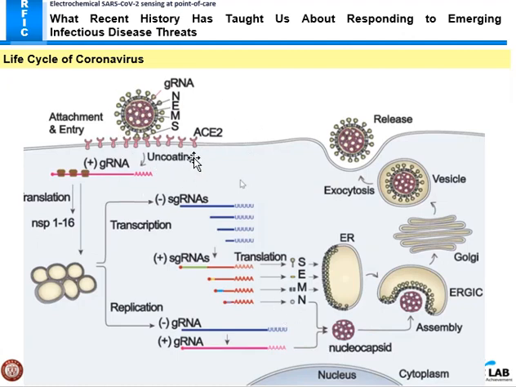Basically, it is the enzyme by which the coronavirus attaches and gets into our cell and then releases its genomic RNA, and then the RNA is deployed for replication and translation processes and converted into nucleocapsid assembly, and then converted into a vesicle by using the Golgi complex, and then through the exocytosis process it is released outside the cell and transmitted to another cell of a human being.